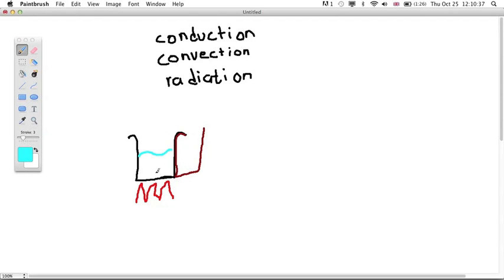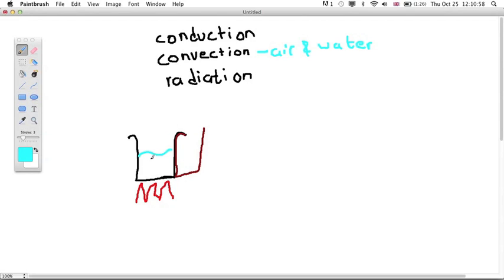We know that hot water and hot air rises. And by the way, convection can only happen in air and water, because convection is the transfer of heat through molecules, air and water. Since the molecules in a solid cannot move, it can only occur in air and water.